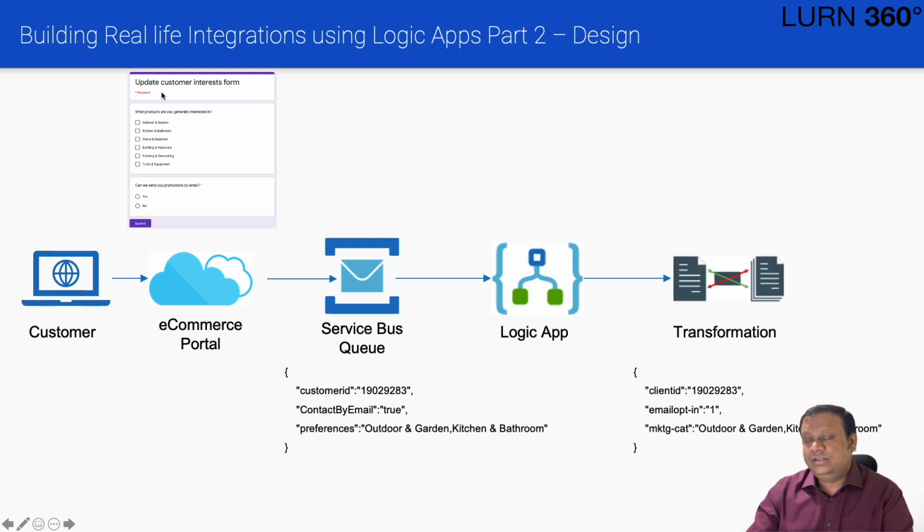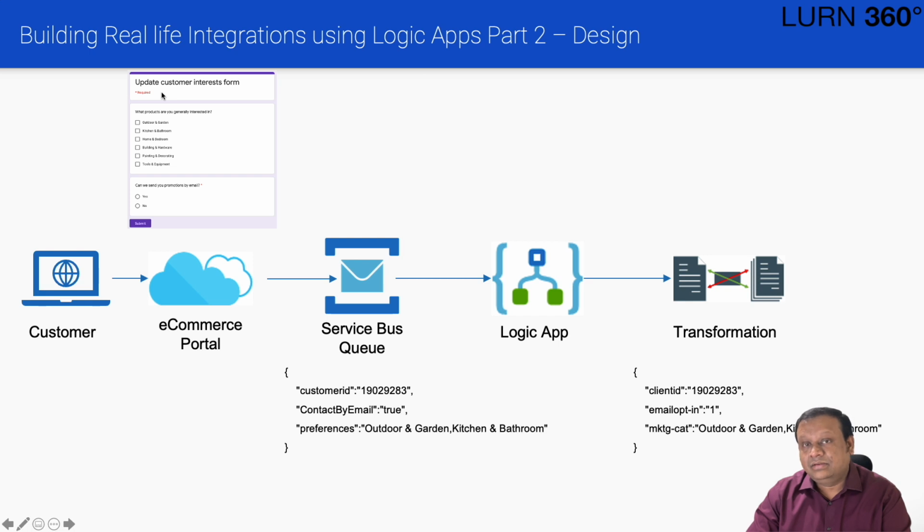What do we want to do in this logic app? So the first thing we want to do is transform the JSON. We have been given a very specific JSON from the destination system as well. And in this case, the transformation is also fairly straightforward. You can see the customer ID is being mapped to the client ID.